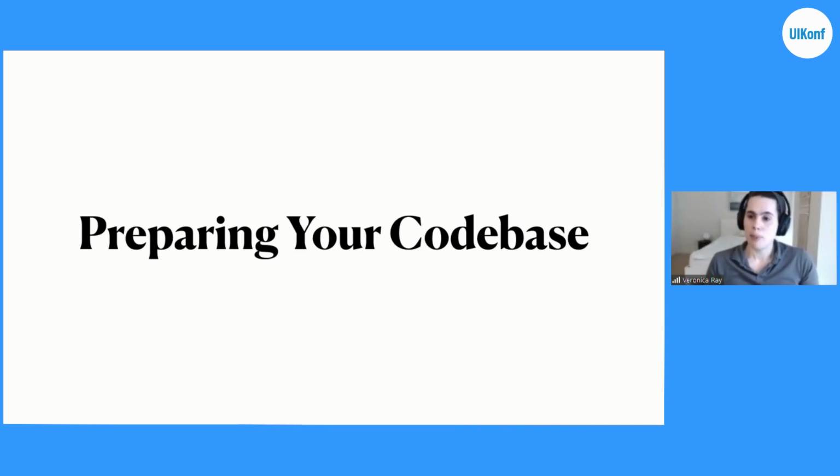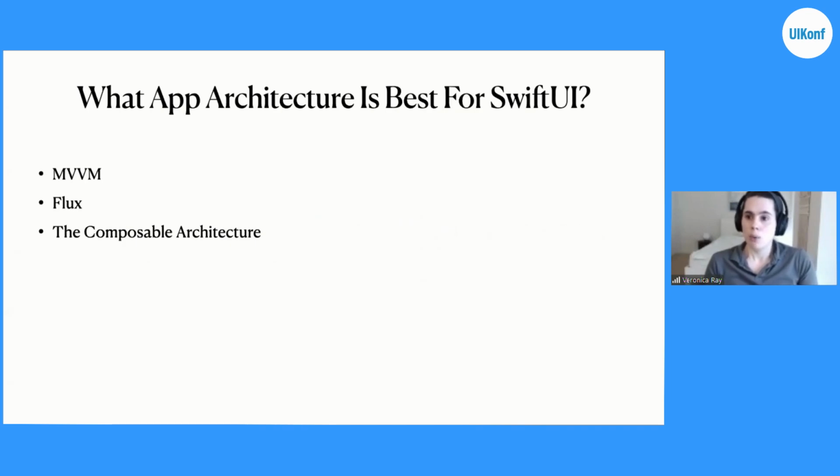The first step is preparing your codebase. So this is an example of something you can do right now. One thing that folks have been talking about a lot is the right app architecture for SwiftUI. Do the current app architectures work?